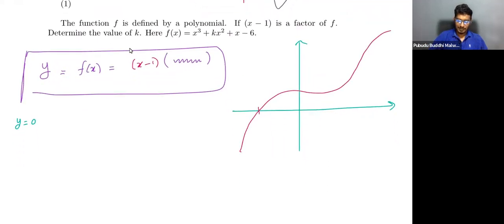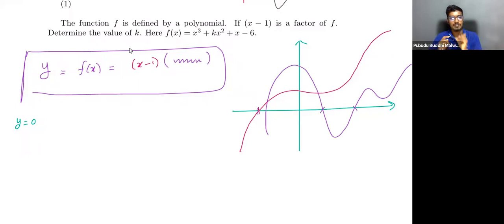So it could be like this, something like this, 2 x-intercepts. But we don't know that. But we know that x minus 1 is a factor. Therefore, what will happen? What will happen if x minus 1, that part, equals 0?